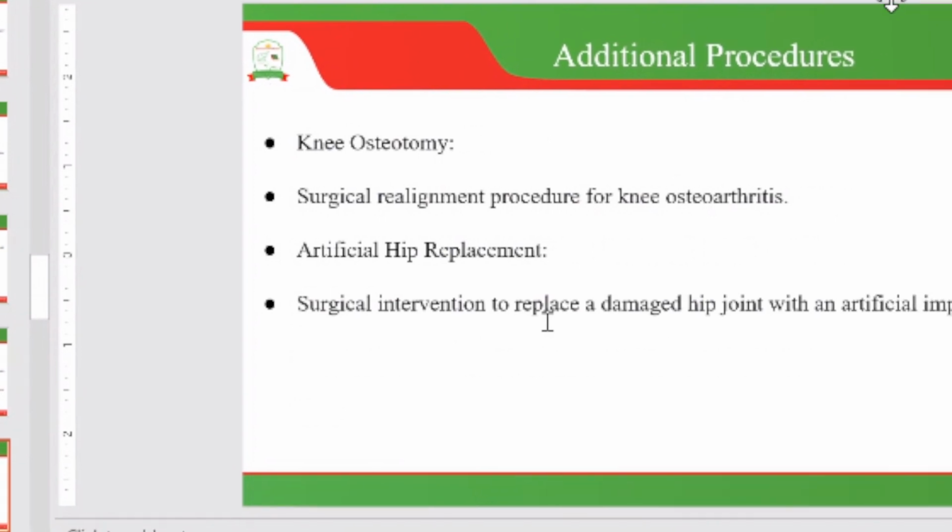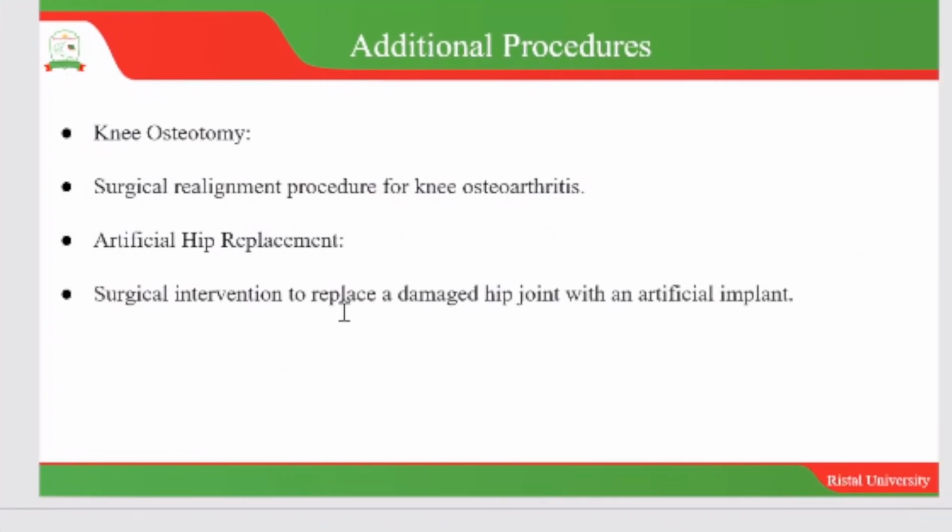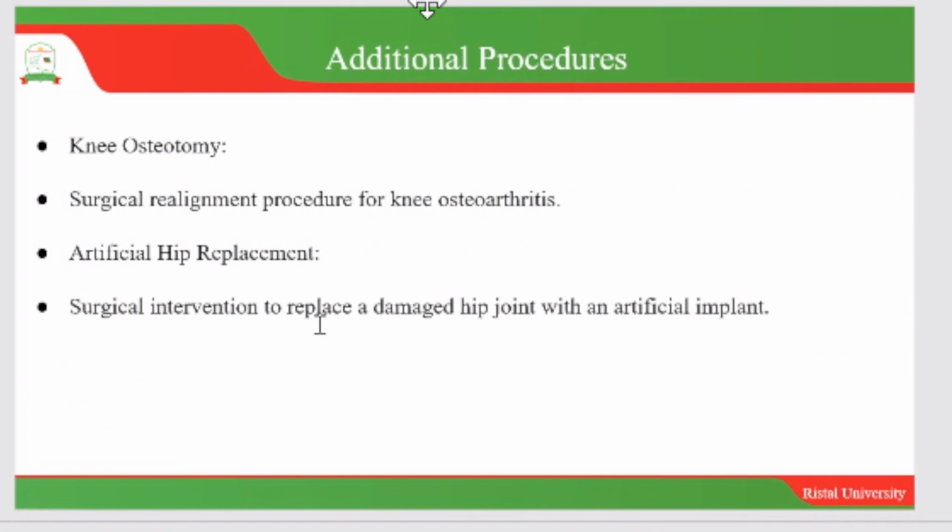It is done in those early stages where there are some types of knee deformities, such as for people with bow legs, these knee things can be adjusted. Okay, yeah. We also have surgical realignment procedure for knee osteoarthritis. This is really trying to explain what we have been looking at earlier.